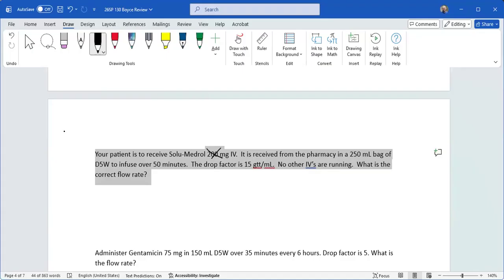Sometimes people try and work that into their equation. You don't need to. You just need to know 250 ml, 50 minutes, and then 15 drops per ml. And when it's already in minutes, you don't have to do any additional converting. So if it's in minutes, leave it in minutes, since your final answer is in minutes.